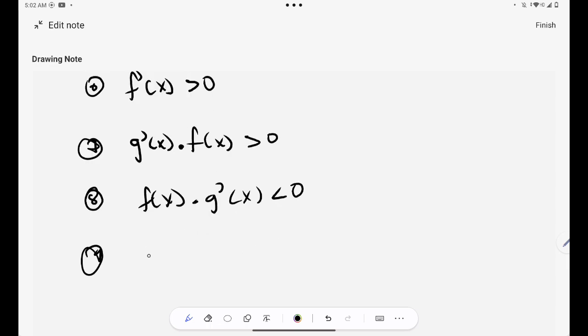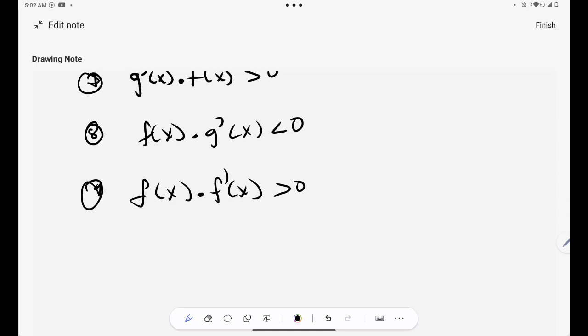Number 9. You can say f of x multiplied by f prime of x positive.